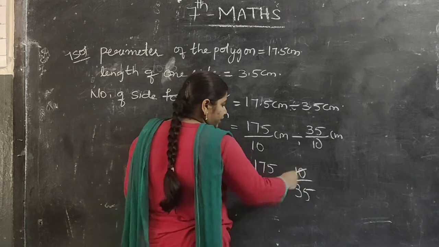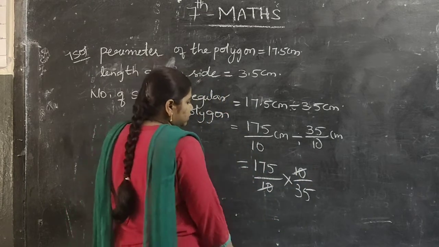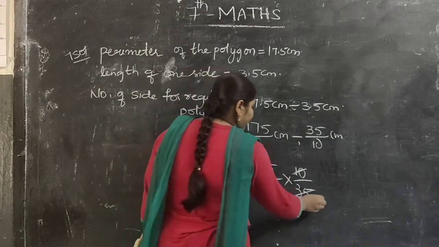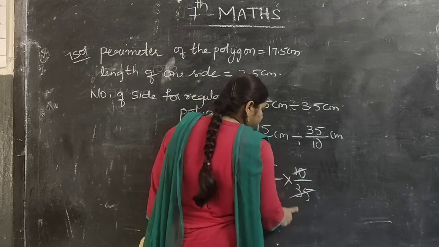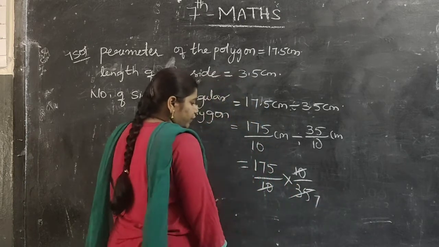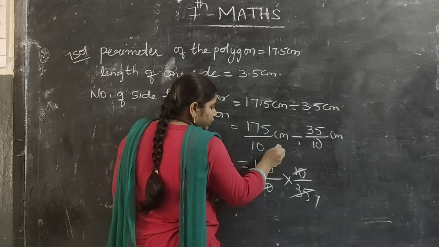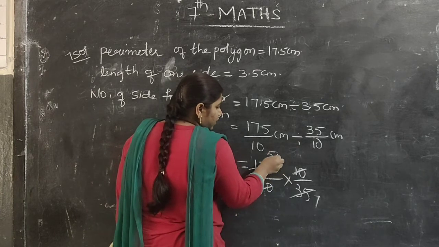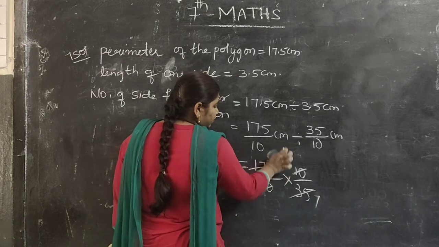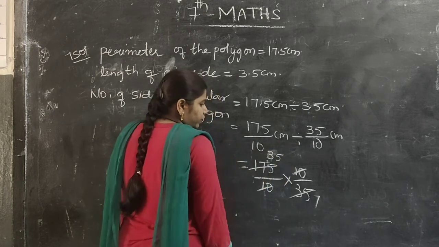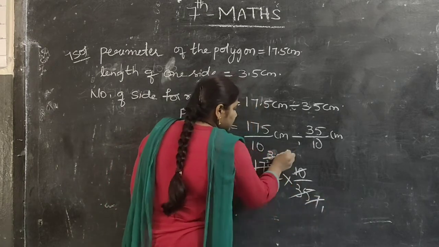So 10 ones are 10, ones will get cancelled. Here in the 7 table we will cancel, 7 fives are 35, 5 threes are 15, 2 will be remaining, 5 fives are 25, 7 ones are 7, 7 fives are 35.